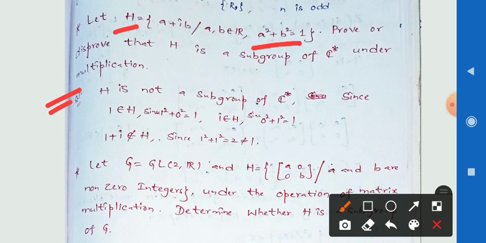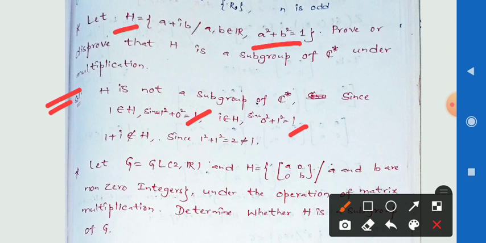Here 1 belongs to H means 1 square plus 0 square is equal to 1, and i belongs to H. The condition must be 0 square plus 1 square is equal to 1, and these two belong to H.